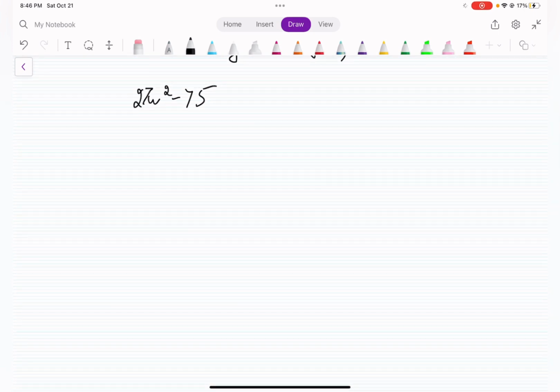So still doesn't change anything. No number squared will give me 27. But they both have common factor that I can take out, and it's going to be 3. So 27 divided by 3, it's going to be 9. W squared, and 75 divided by 3, it's going to be 25.